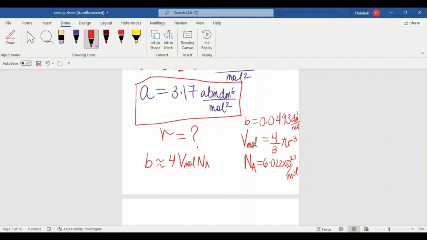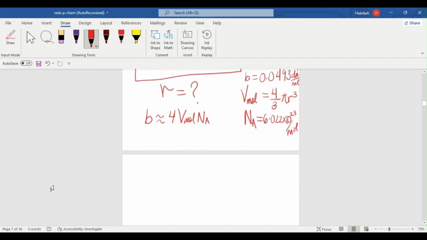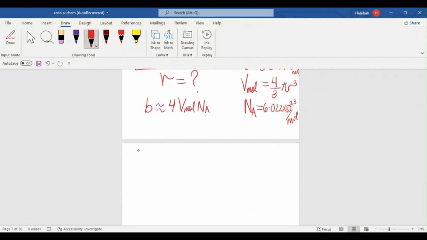When you have all of this information, all you have to do is substitute. So you have B equals 4 times the volume of the molecule times Na. When you substitute, you have B equals 4 times 4 over 3 pi r cube, and then of course you've got Na.